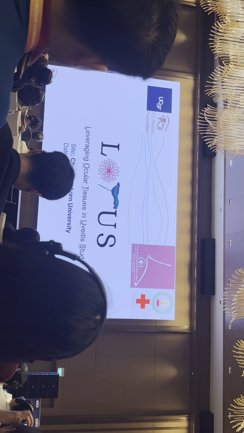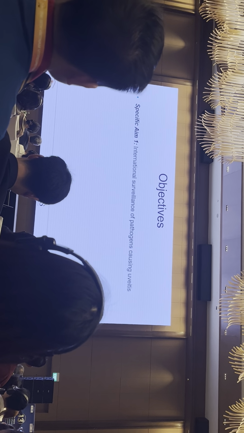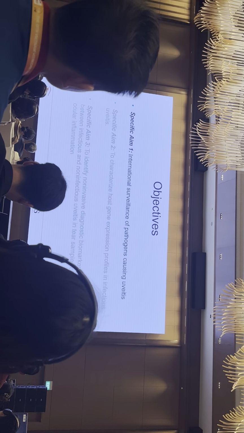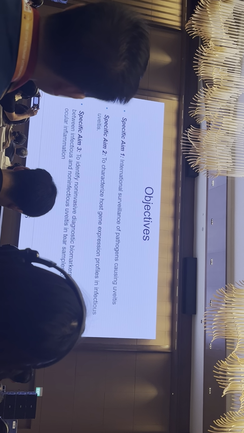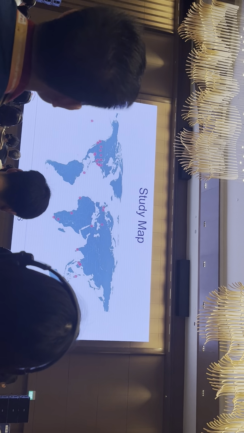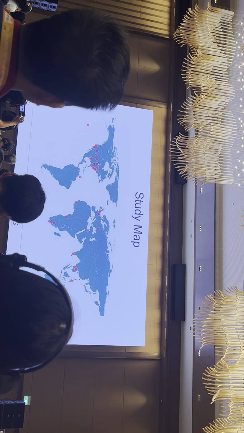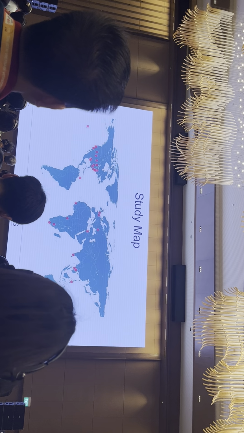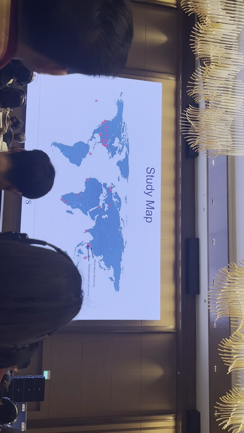It's called the LOTUS study. The aim is international surveillance of pathogens causing uveitis, with another specific aim to categorize host gene expression profiles in infectious uveitis. With this collaboration we have so many sites around the world, and we hope to have a site from Vietnam soon in the future. And we have two sites in Thailand.